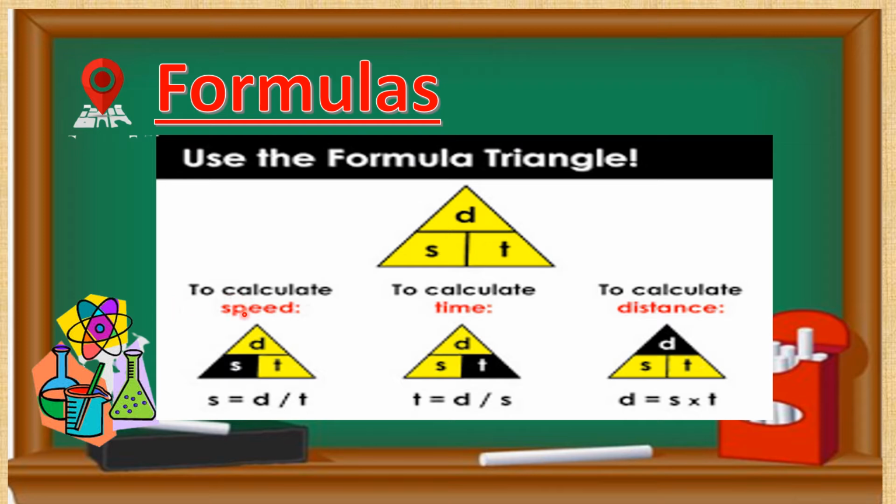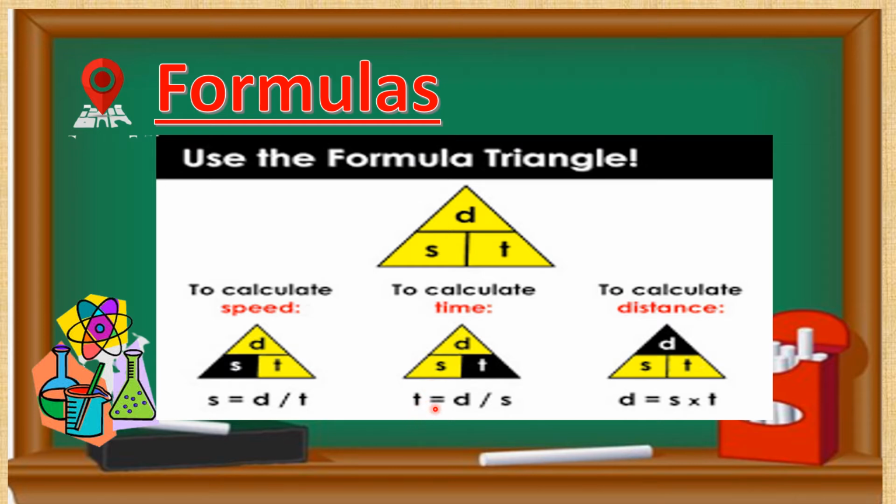So to calculate speed, what is the formula? When we want to get the speed of an object, or the speed of the object travels, speed is equal to distance over time. Again, speed, distance over time.